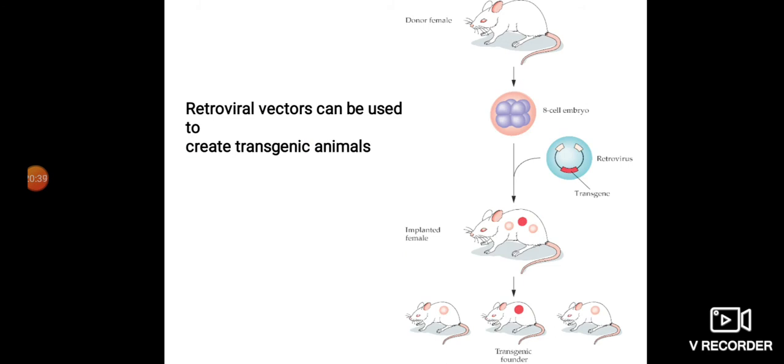So how is it done in the case of transgenic mice? I'm showing it here, and it is used in other cases also. They produce a retroviral vector construct carrying the transgene or the target gene. First, they take a donor female and isolate the embryo at the 8-cell stage.